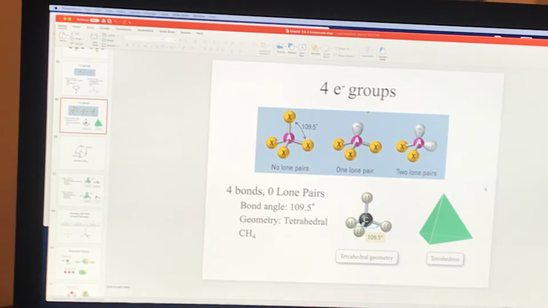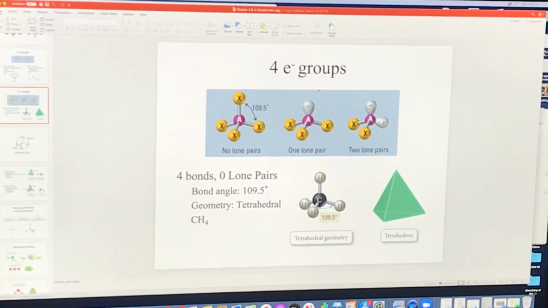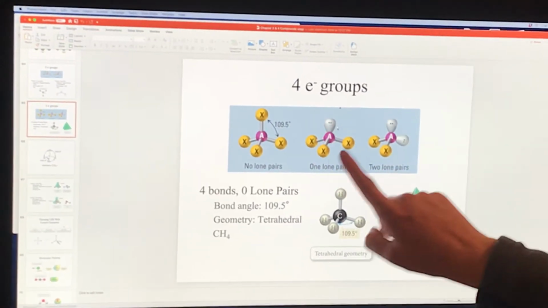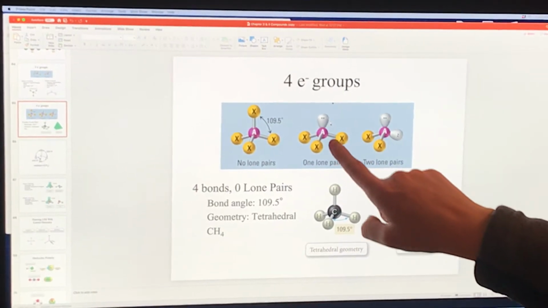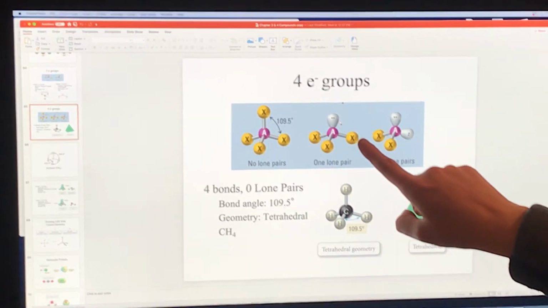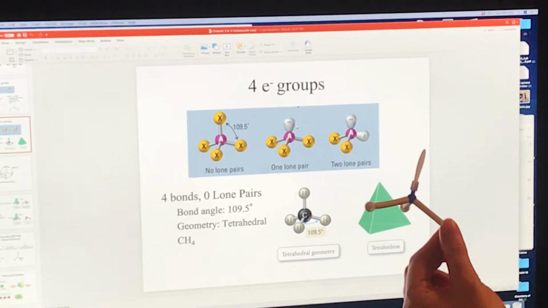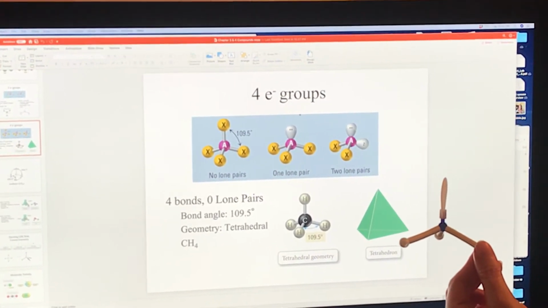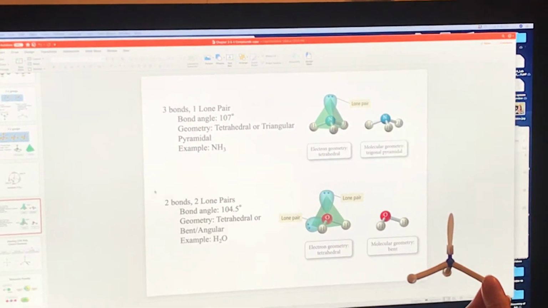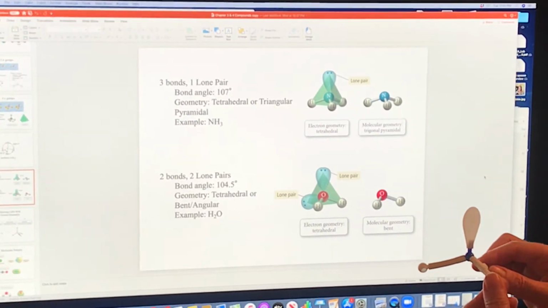And then the next way that we will see 4 electron groups around a central atom is if you have a central atom bonded to 3 things and a lone pair up there. And that looks like this guy right here, and I'm going to switch slides for us to this right here.